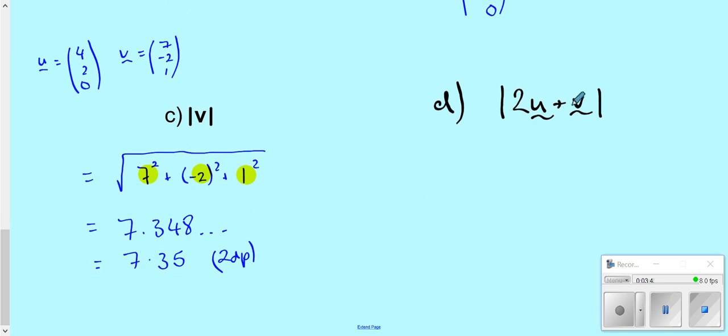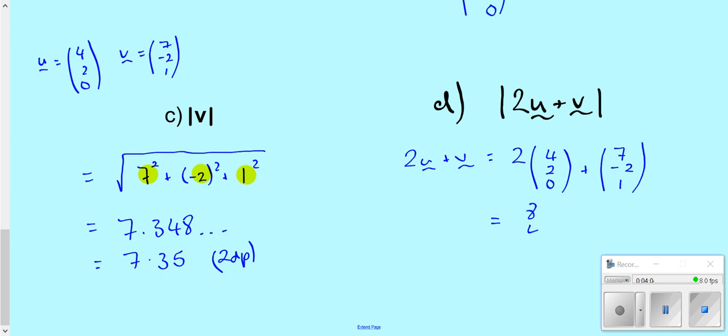And again, they might combine the two things together. So 2u plus v and the magnitude of that. So let's start with 2u plus v. Now that's going to be 2 lots of 4, 2, and 0 plus v, which is 7, negative 2, and 1. So that's going to be 8, 4, 0.